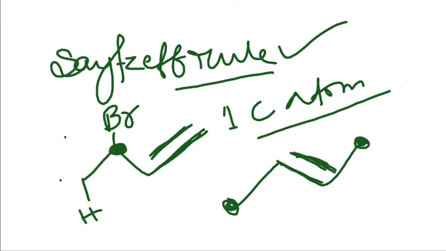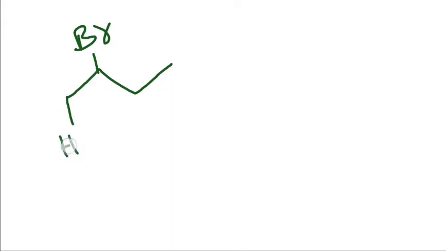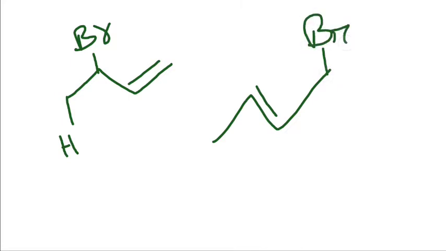Okay, so we have also seen that this is our kinetic product and this is our thermodynamic product. We have said that the kinetic product will consist of a terminal double bond.